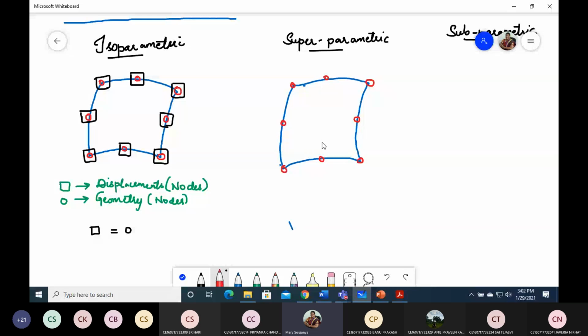These are the nodes that are defining the geometry. And these are the nodes that are defining the displacements.